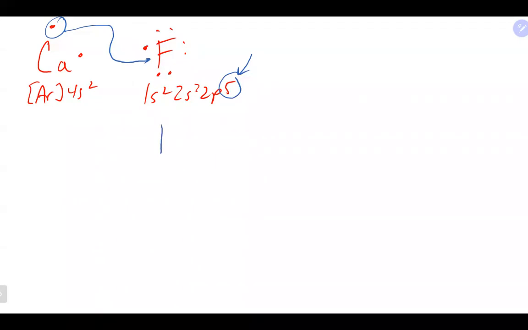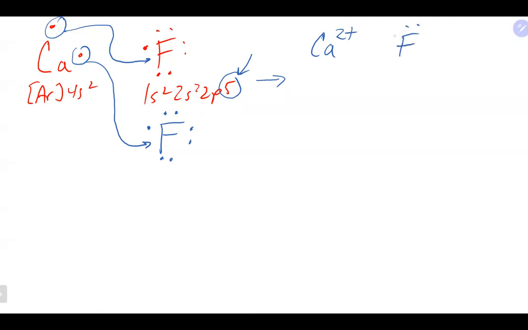So we actually don't need just one fluorine, but we need 2 fluorines in this case. And that second fluorine now has space for that second electron to go. And the result of this is calcium was able to get rid of both of its electrons, one to each of the fluorines. Each of the fluorines now will pick up an electron and become negatively charged.